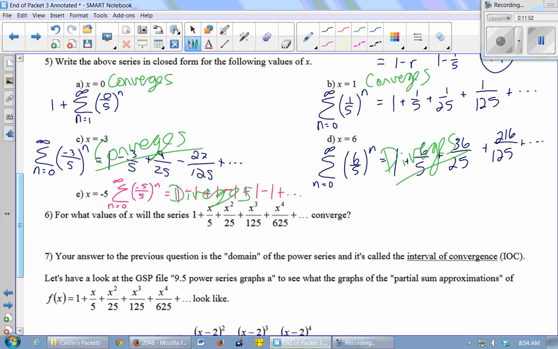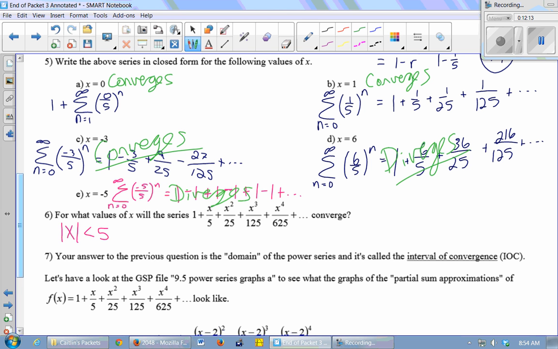So what kinds of x's can I plug in there that will result in a convergent series? The absolute value of x has to be less than 5.